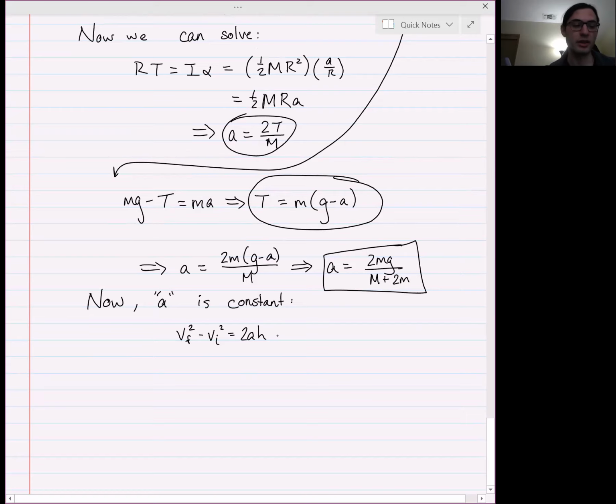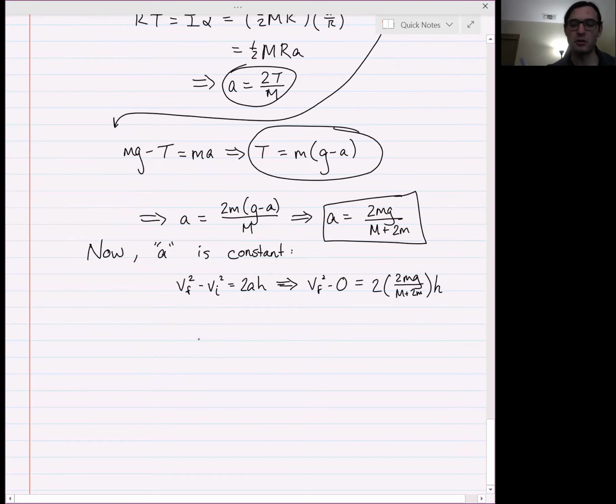And so we would get vf squared minus 0, since it starts off at rest, is equal to 2 times 2mg over M plus 2m times h. Equivalently, vf, the final speed of the block, is the square root of 4mgh divided by capital M plus 2m.